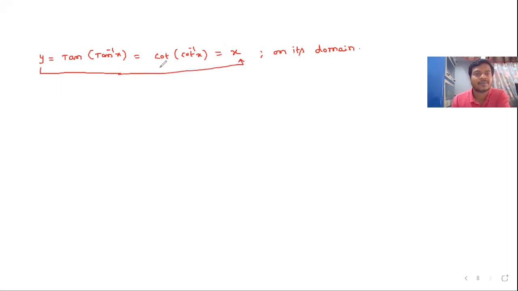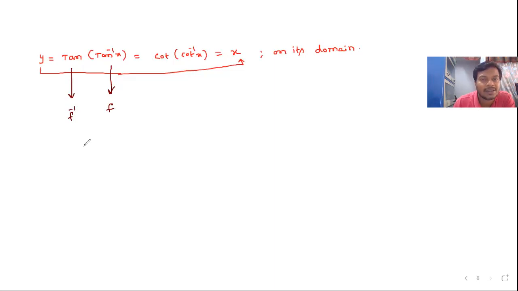Okay, first let us see the graph of tan inverse of x. For existence of this, I'm going to select one as f and the other as f inverse. Suppose that this is f and this is its inverse.